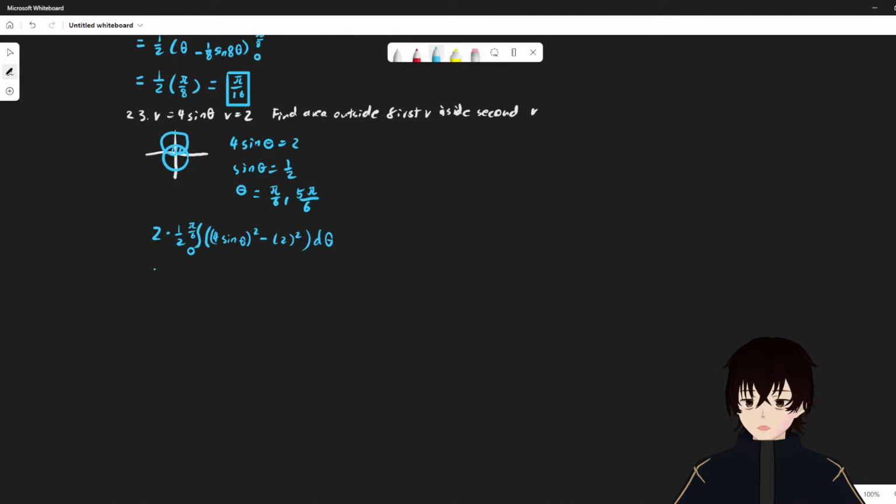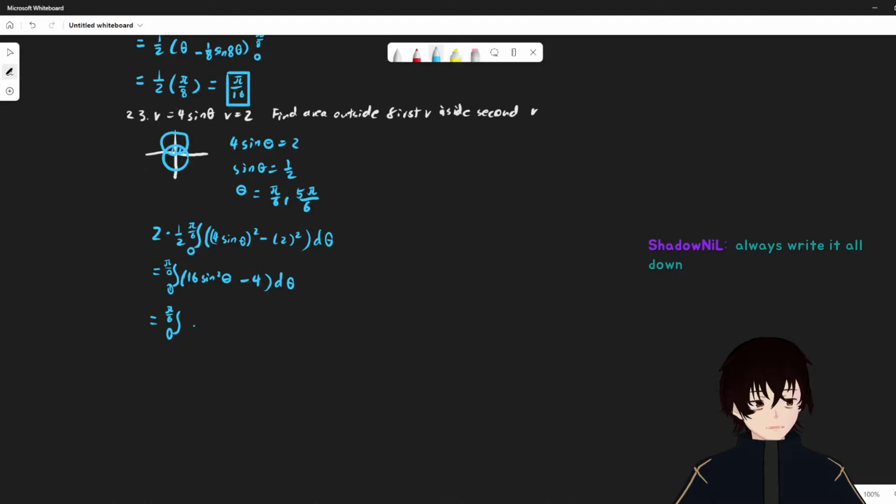Therefore, we have the integral from 0 to pi over 6 of 16 sine squared theta minus 4 d theta, which is equal to the integral from 0 to pi over 6 of 8 times 1 minus cosine of 2 theta minus 4 d theta.